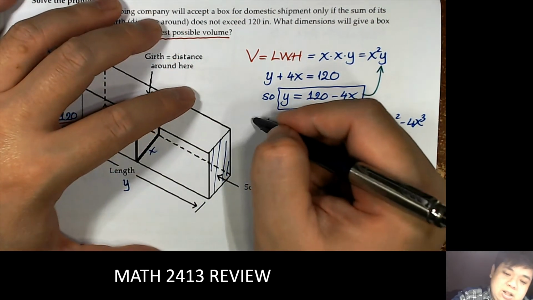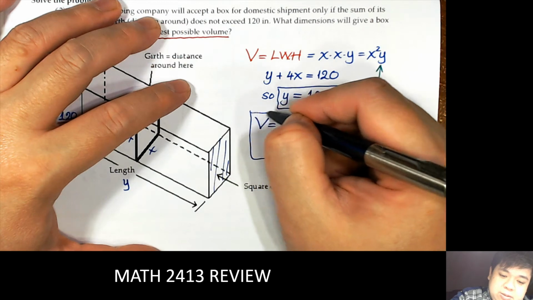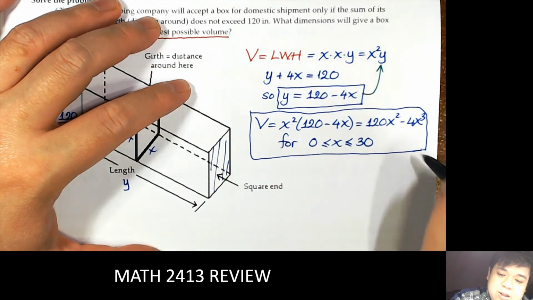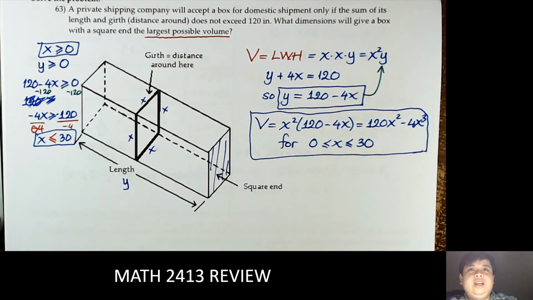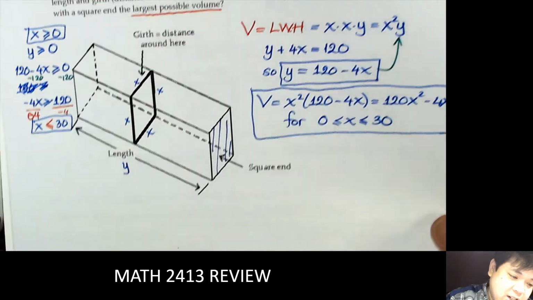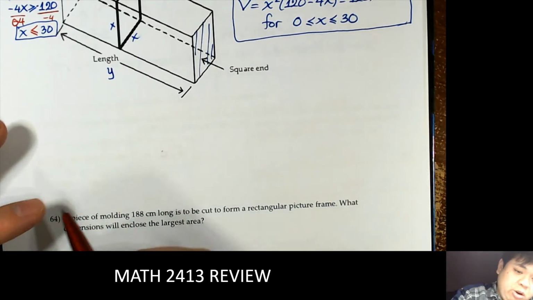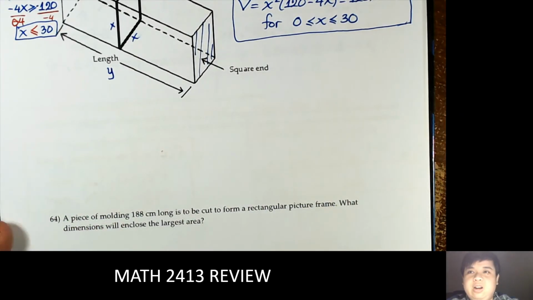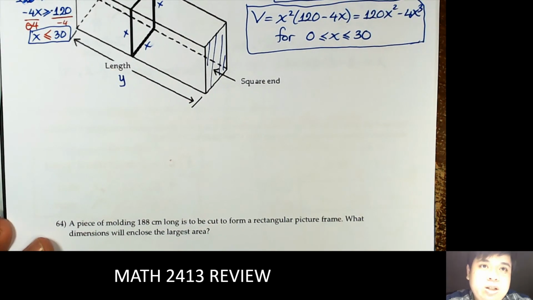Right. So this is the problem that we have. And then after that, we set the derivative equal to 0, find where it does not exist, and then we test at the boundaries.